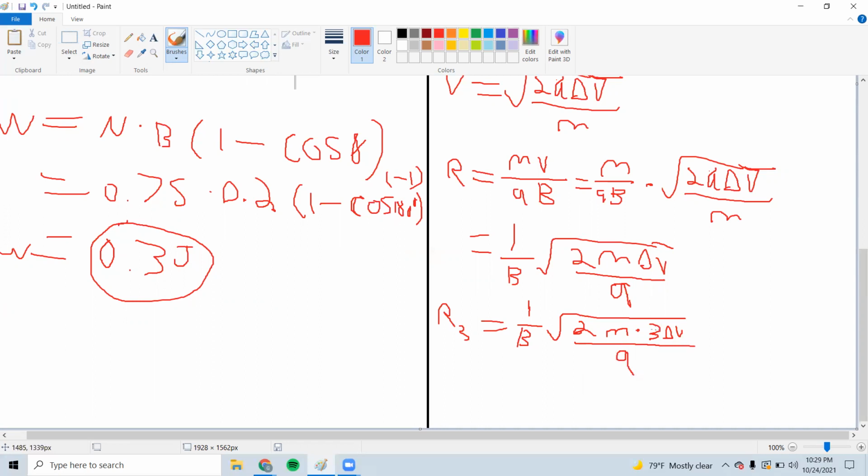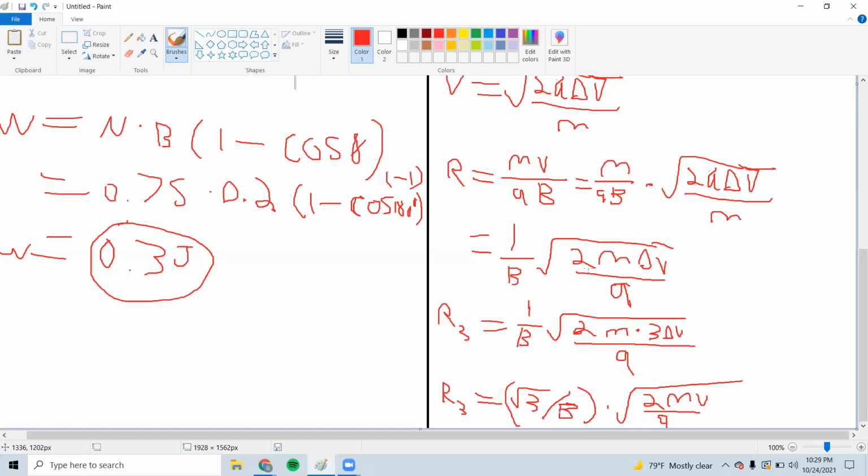So when we take the 3 out of the square root, we see that R3 is equal to square root 3 divided by B times the square root of 2M delta V over Q. Sorry, it should be written like that actually.